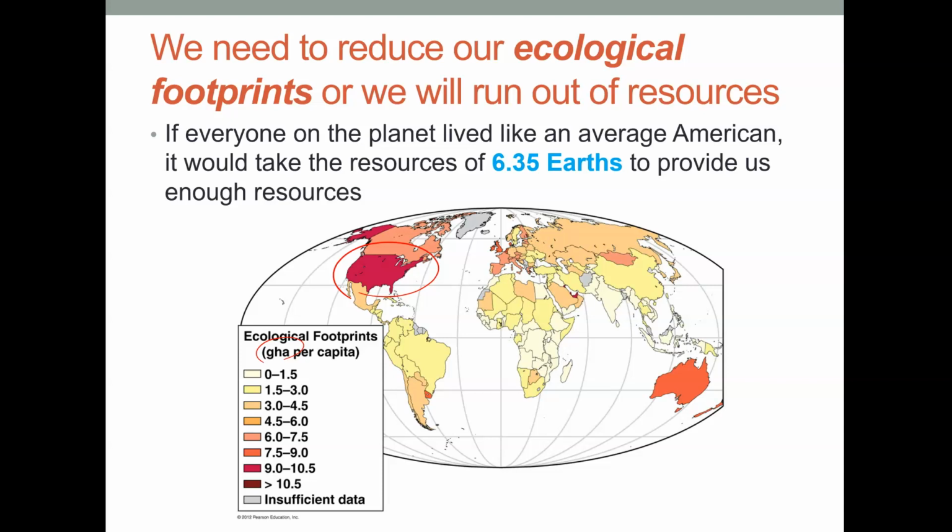So the average American, let's say, has about 10 hectares, which would be 25 acres. So we need 25 acres of land to produce the resources that one American needs to fulfill all their needs right now. And so this is what I kind of meant when we're talking about your lifestyle really matters too, because if we're using a lot of resources, we're going to hit that carrying capacity much sooner.